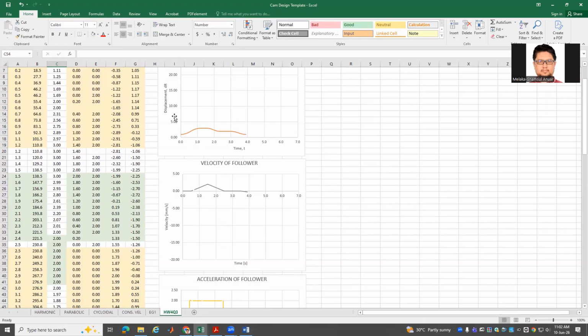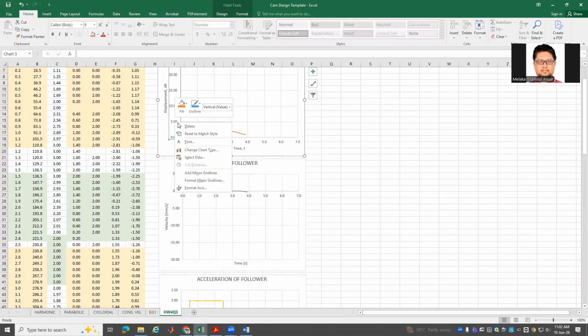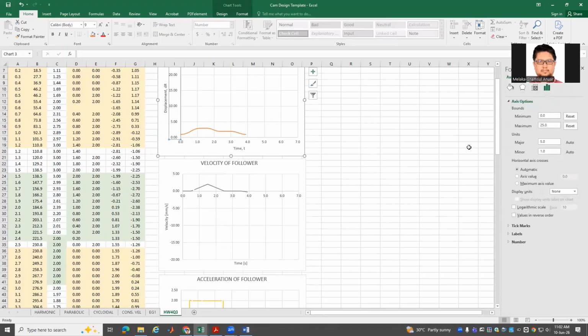So for this one, I guess you can change the format. So it should be between, say, 0 to maybe 3.5. That will do.